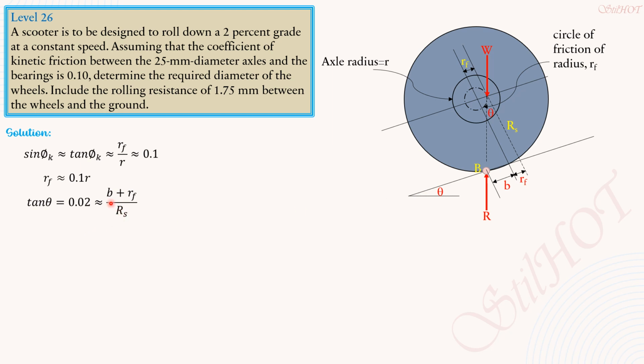So from here, because B is 1.25 mm, R sub F is 0.1 of R, and R is 12.5 mm, radius of the axle, half of 25, so 0.02 is approximately 1.25 plus 0.1 of 12.5 over R sub S. From here, we can now compute R sub S, the radius of the scooter, and it is approximately 150 mm. Therefore, the diameter of the scooter is times 2 of this, 300 mm. So that's it for this problem.